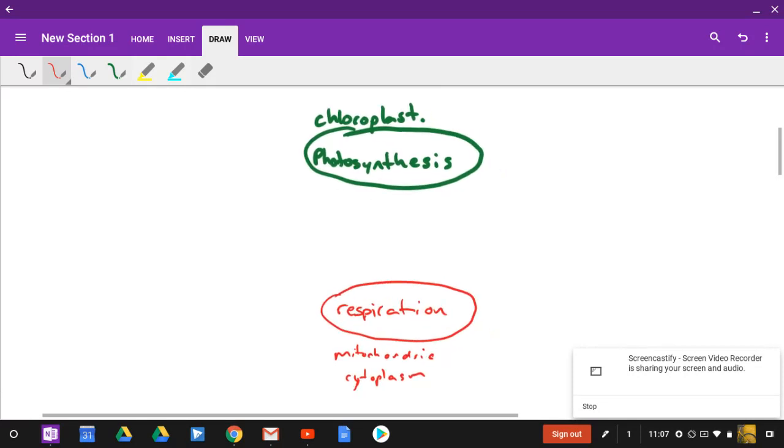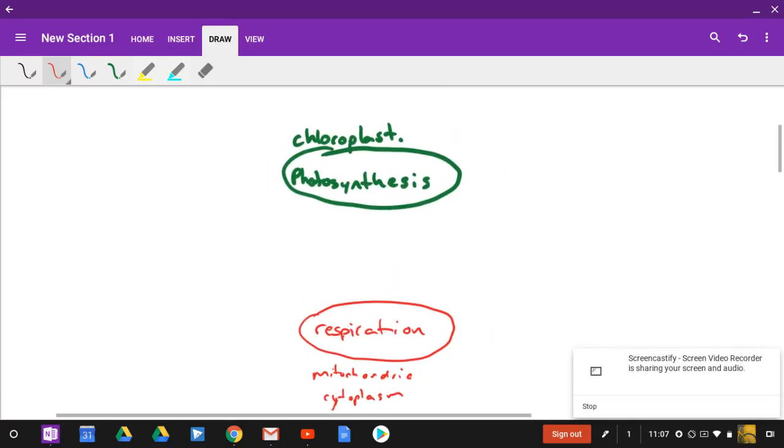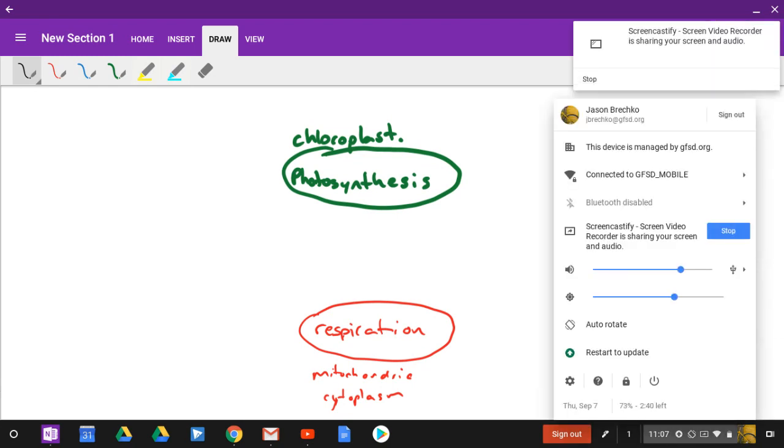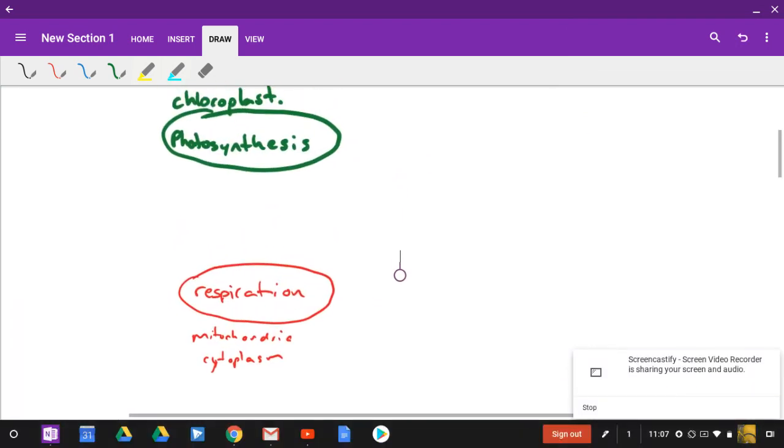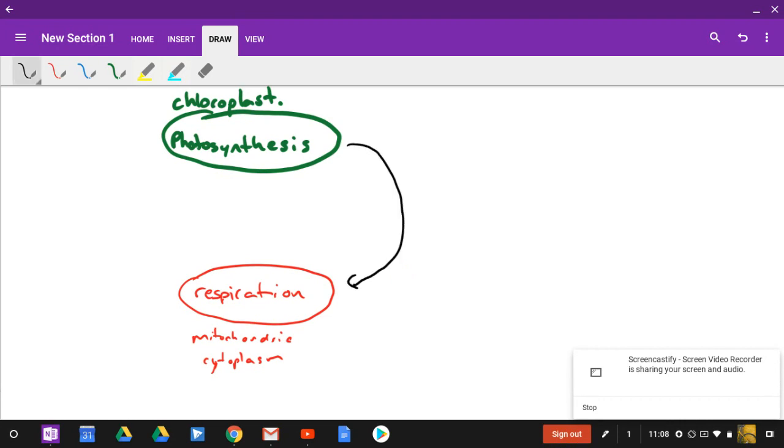Okay, so these two processes are related to each other because what one produces, the other one needs. And you may remember from your other classes that you've taken in elementary school science that these two things are related.